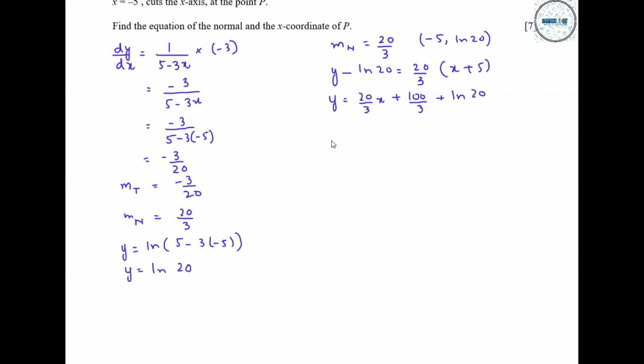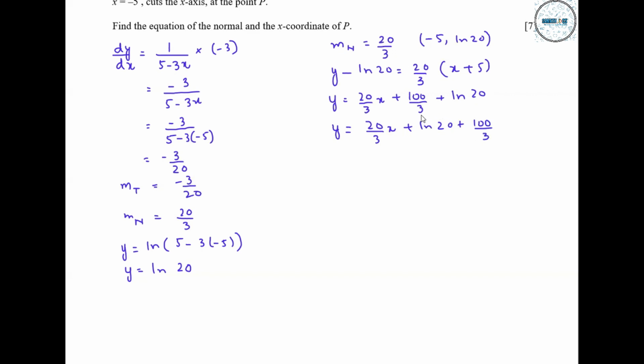So we have here y is equal to 20 upon 3x plus ln 20 plus 100 upon 3. This is the equation for normal.